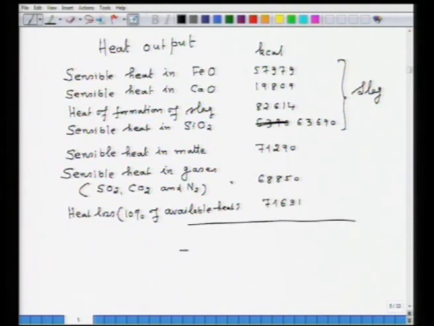So, the total heat output is 435623, and you see that the heat input is much greater than the heat output. So, the process is autogenous in nature.